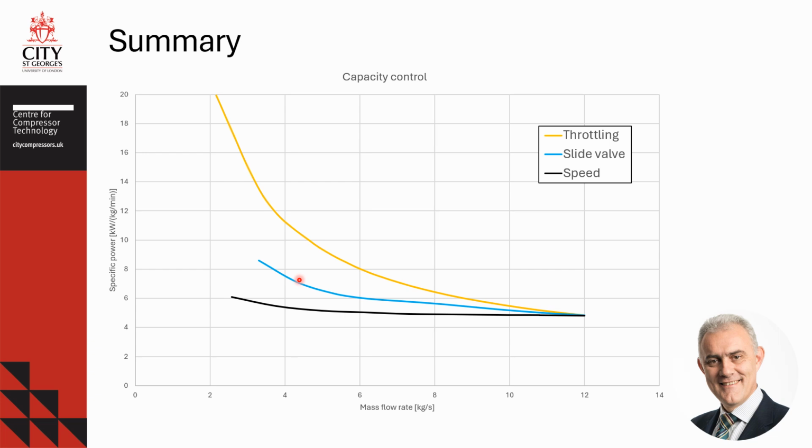However, this is a preferred method for large compressor systems where the cost of VFD is prohibitively high. Throttling, shown by the orange line, is the cheapest way to control capacity, but operational costs at part load are up to 5 times higher than for variable speed control. Despite that, this is often used for small air screw compressor systems.